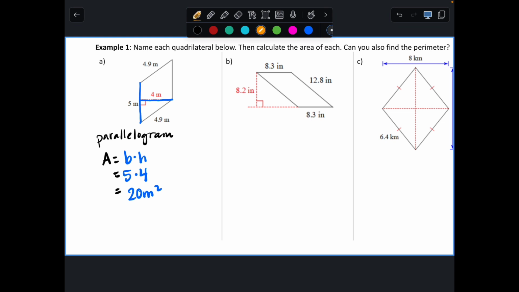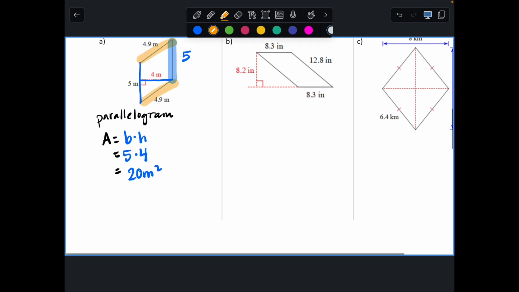Now, can we find the perimeter? If we know that the base is 5, then we also know that this other side is 5. And then the other two sides are 4.9. So let's find the perimeter.